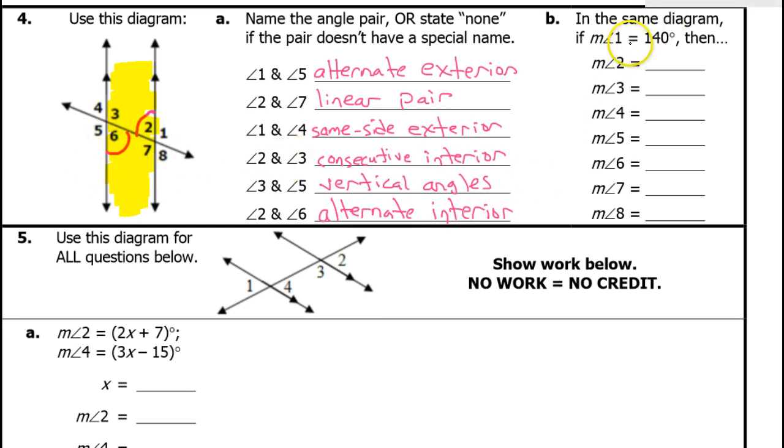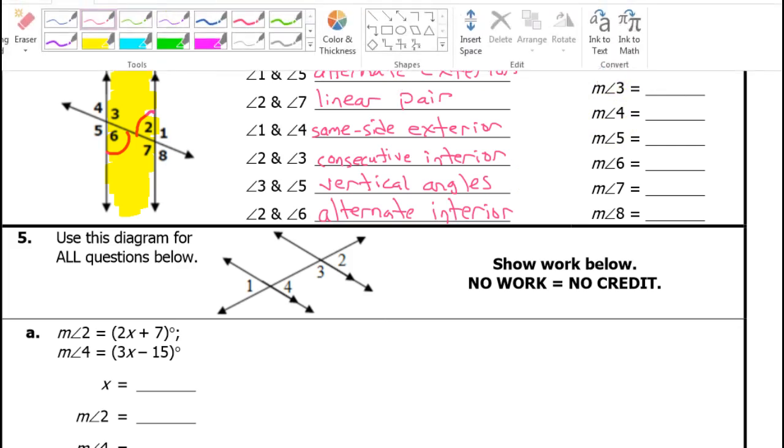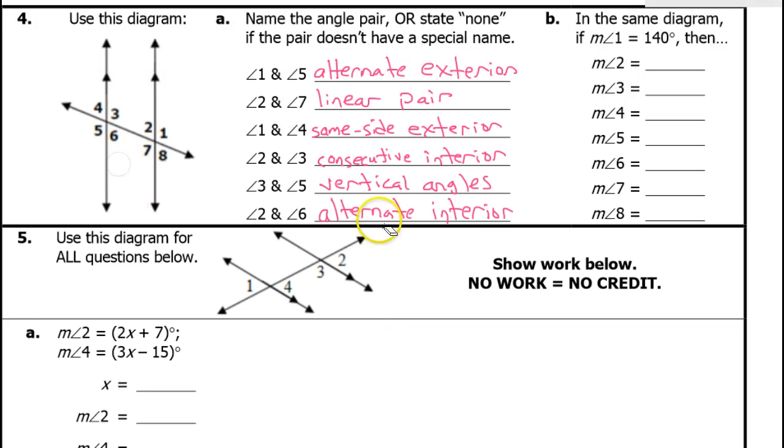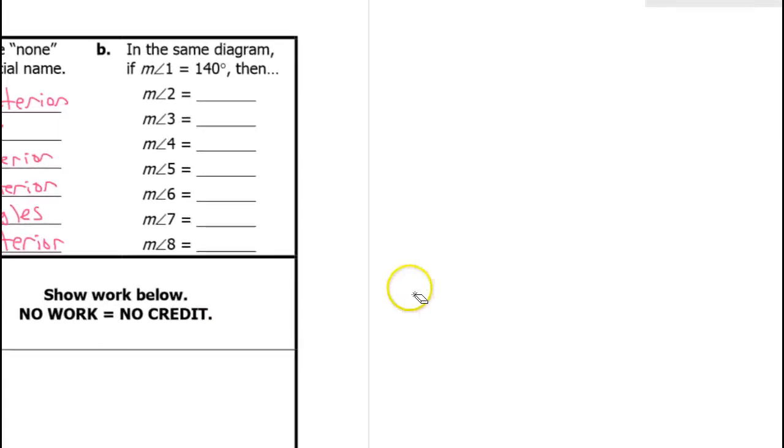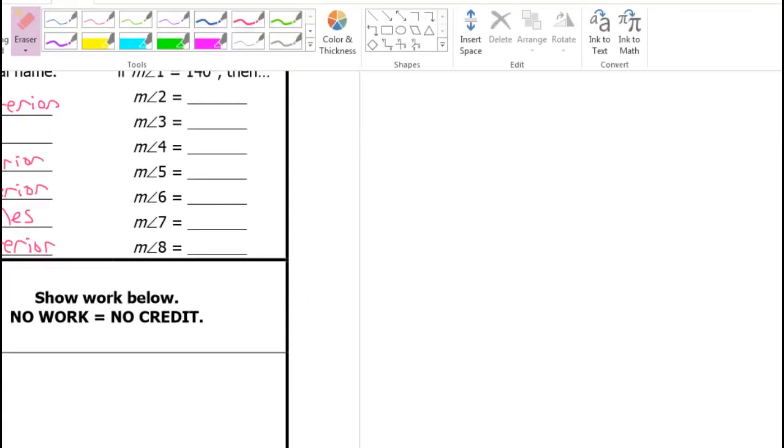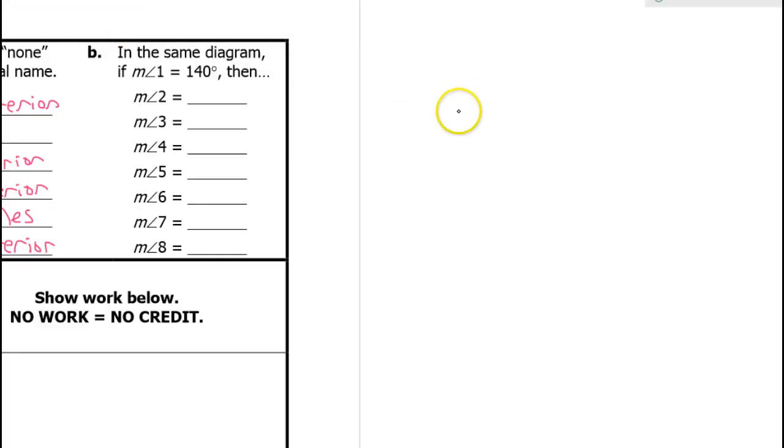All right, now part B. I'm going to give you one angle measure and you're going to give me the rest. But here's the bottom line, you guys. Maybe I'll just briefly write this off to the side. I mentioned this in the previous video. Obtuse and acute. This is a right angle, 90 degrees.